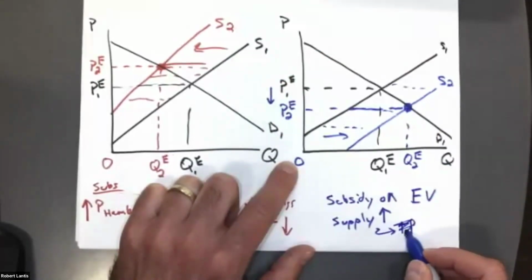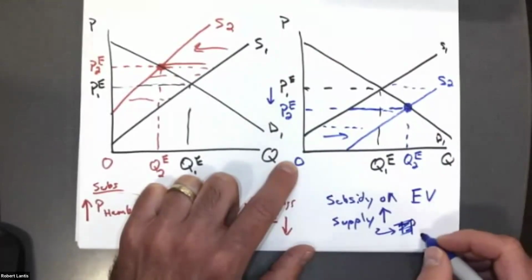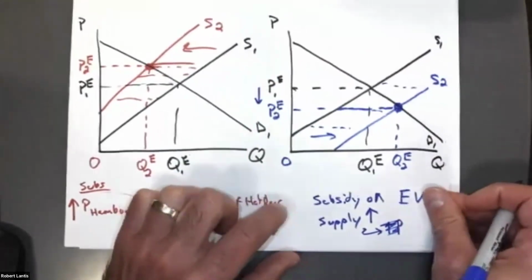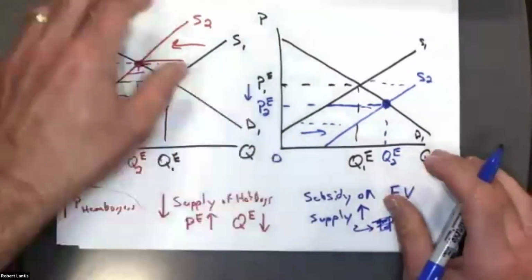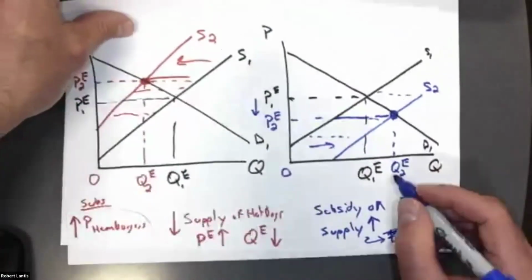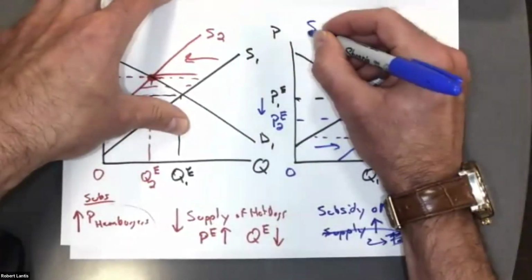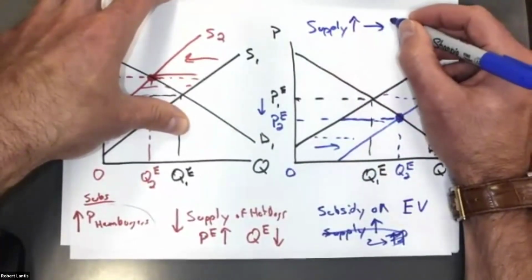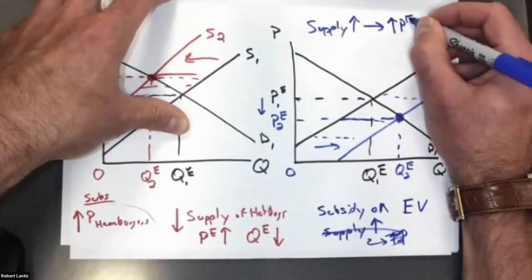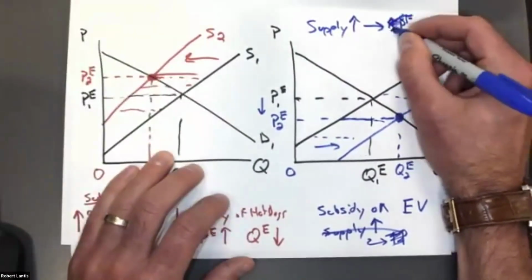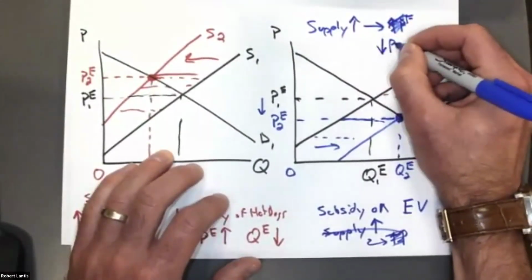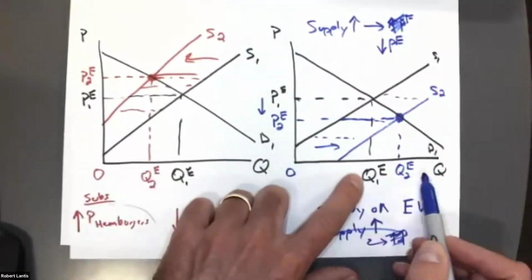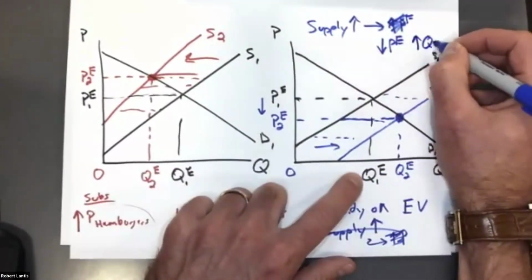So that supply increase caused my price to go, oh, sorry. I'm writing too quickly. I'm also running out of room. So the supply increase caused my equilibrium price to go down and my equilibrium quantity to go up.